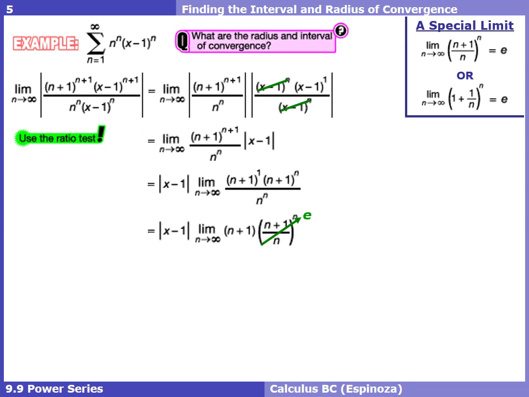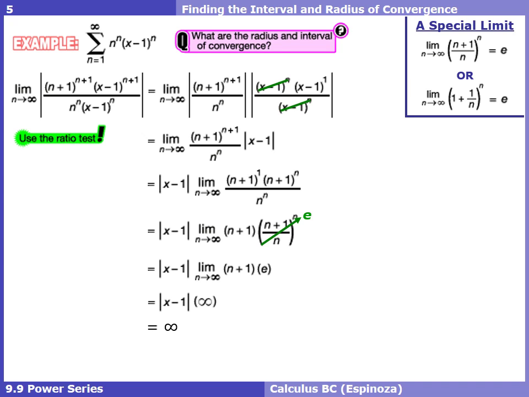Now I guess fundamentally, that really didn't matter too much, because bottom line is, when we plug in infinity for n plus 1, that's infinity times e, which is of course infinity. And then if we apply that infinity in terms of multiplication to the x minus 1, we're still going to end up with infinity.